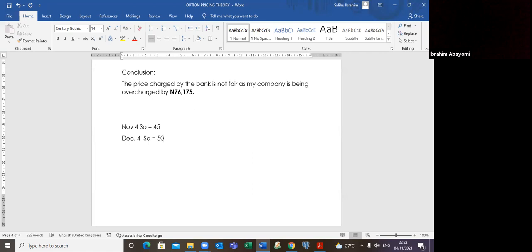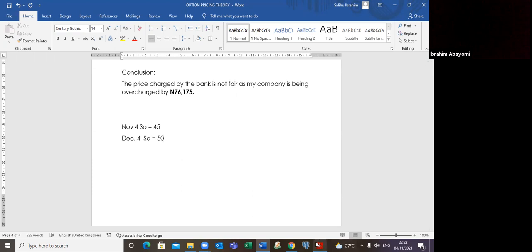What measures the degree of the difference of these two values is what we call standard deviation. So standard deviation measures the difference between the expected value and the actual value that occurs.